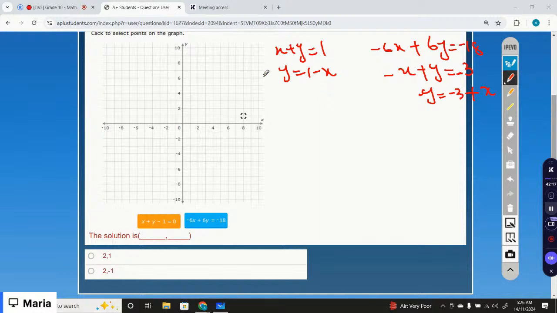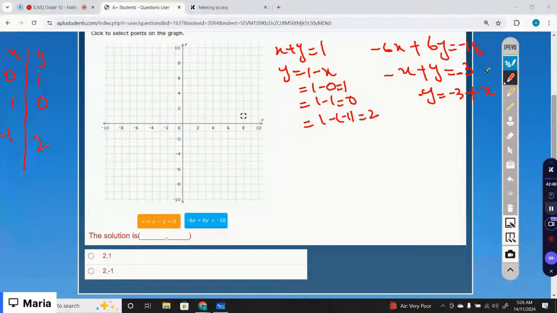Let's put some values of x in equation number 1 and calculate y. x is 0, y is 1. x is 1, y is 0. x is negative 1, y is 2.